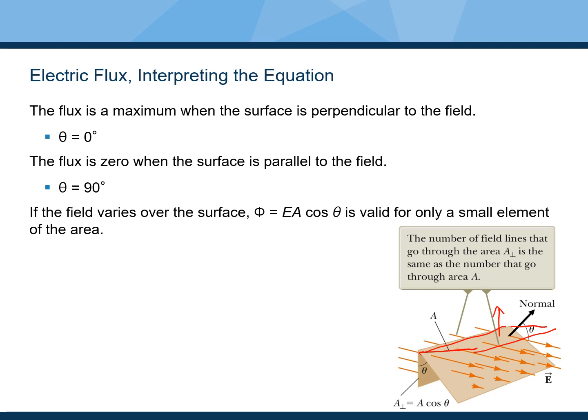Therefore, cosine of 90 degrees is exactly zero. So the flux is zero when the normal to the surface is perpendicular to the direction of the electric field. The flux is maximum when the surface is perpendicular to the field, in other words, when the unit normal associated with that area is exactly aligned with the electric field.